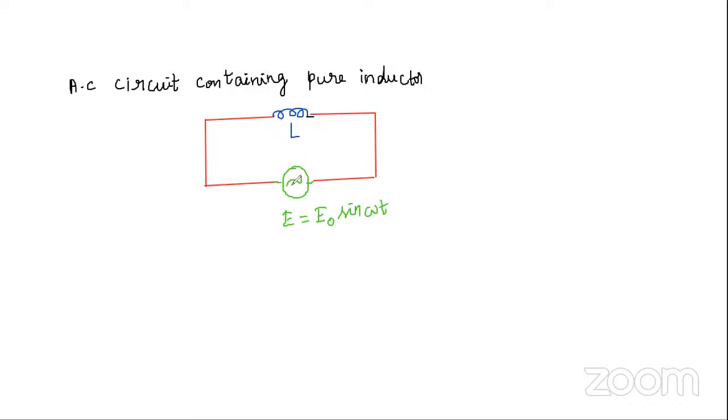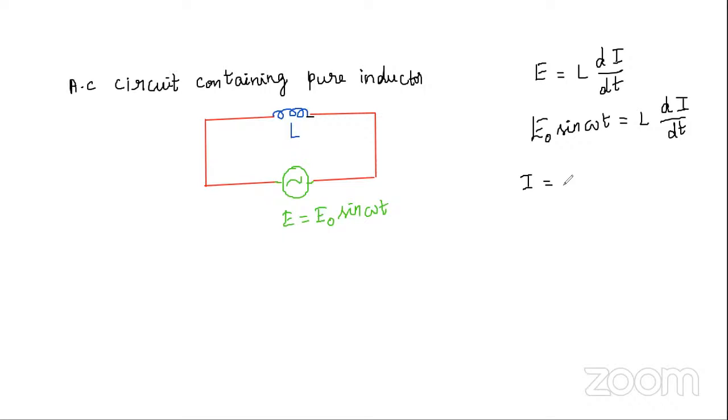That is given by E equal to L into di by dt. So E naught sin omega t equal to L into di by dt. Once you solve this, you will be getting this equation.